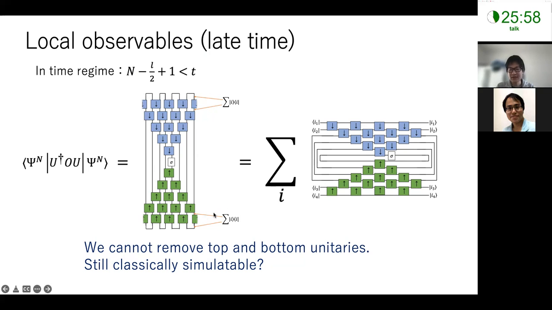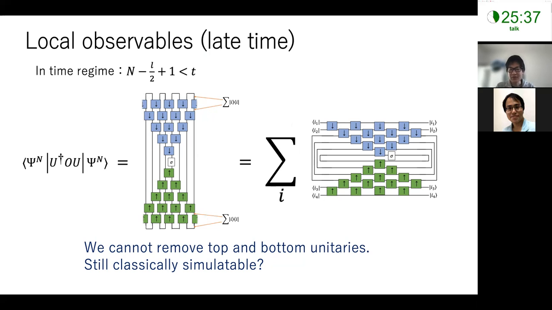And in contrast with the early time regime, this upper unitary gate and lower dual unitary gate are not connected by identity or are not contracted.